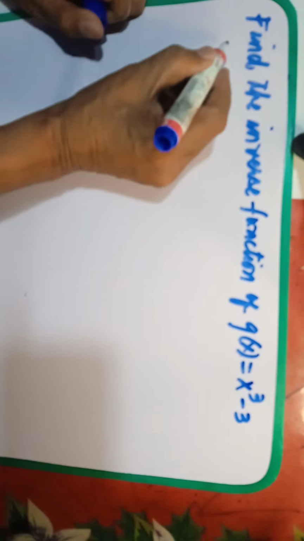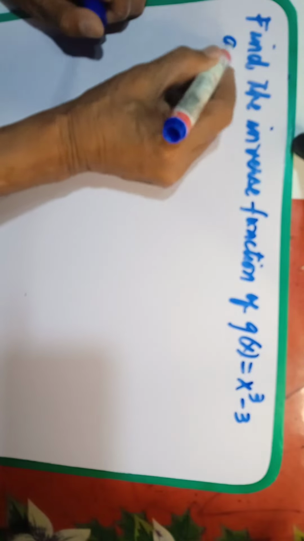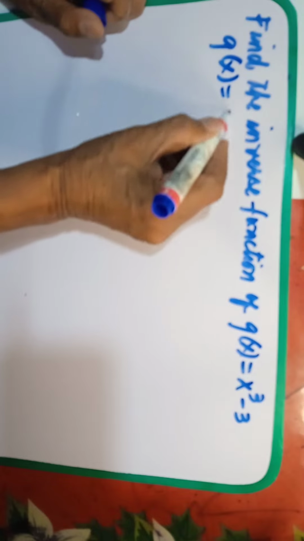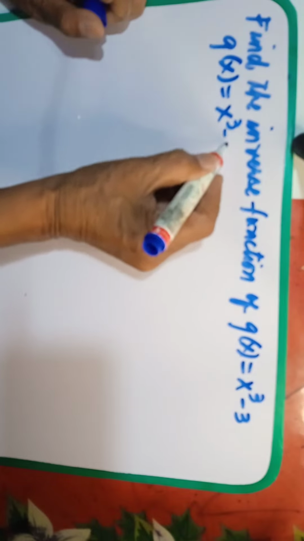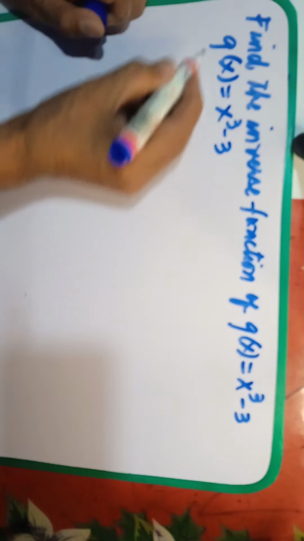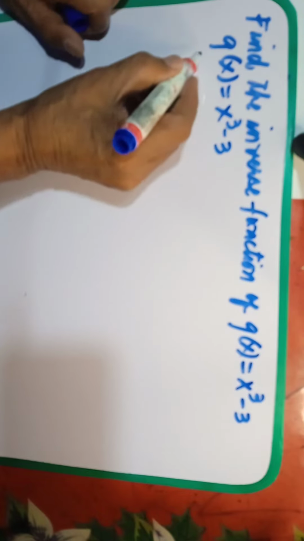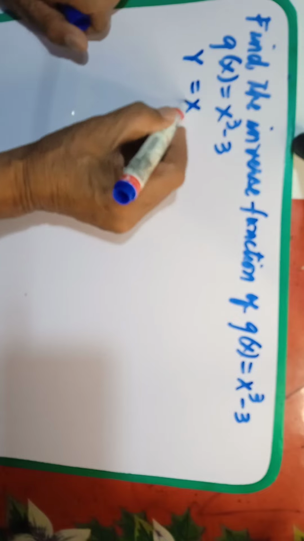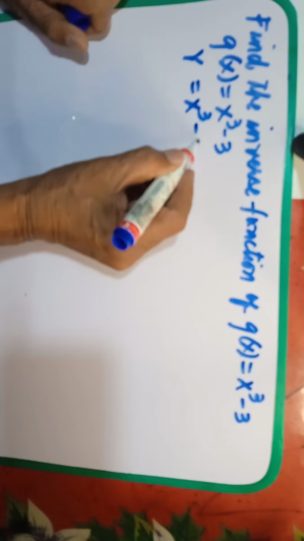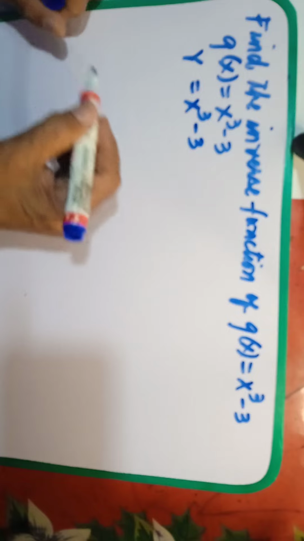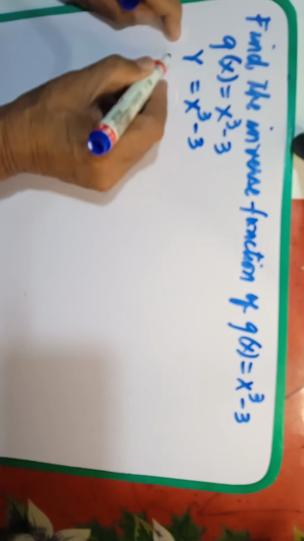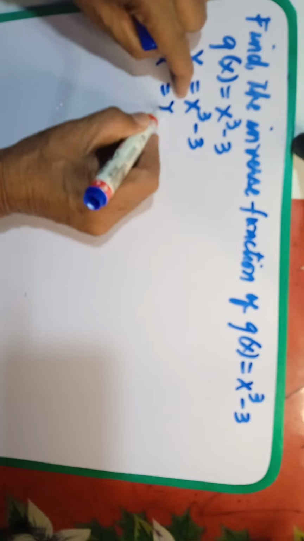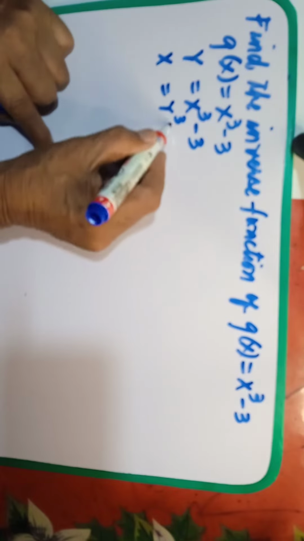We are going to rewrite that here. g of x equals x cubed minus 3. We change g of x to y equals x cubed minus 3. Change y to x and x to y, minus 3.